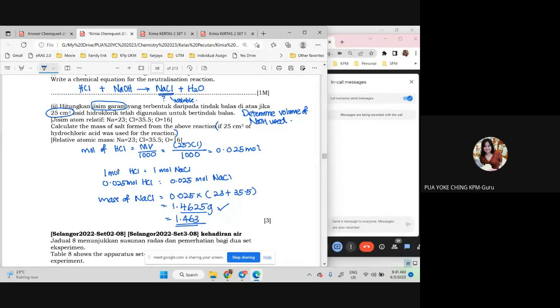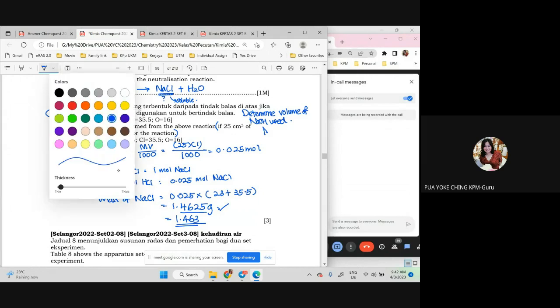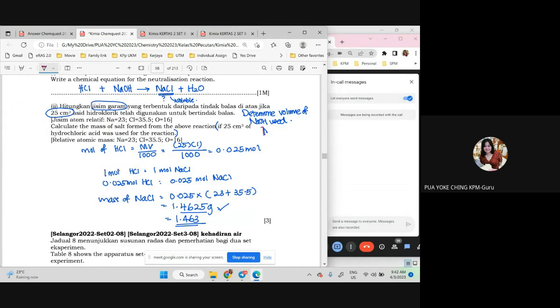If 25 cm³ of hydrochloric acid is used. So for the normal calculation for neutralization, you use the formula MAVA over MBVB equals A over B. A is for acid, B is for base.